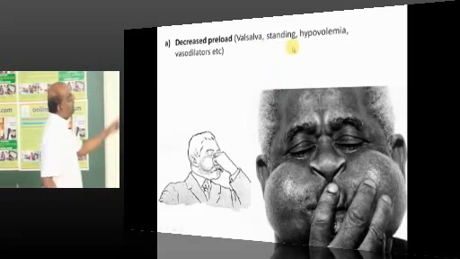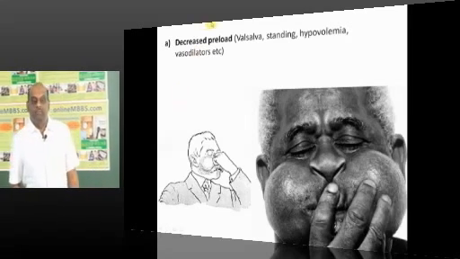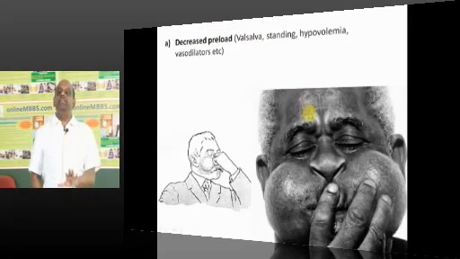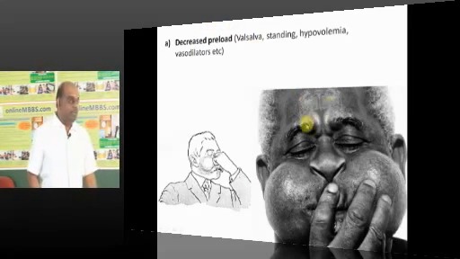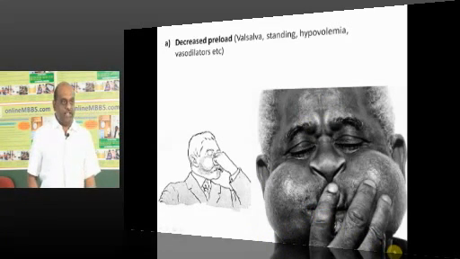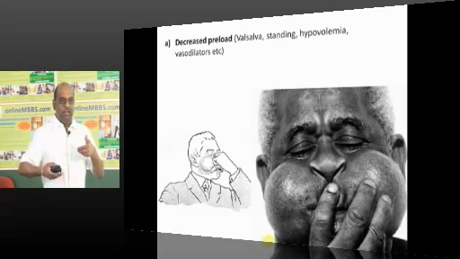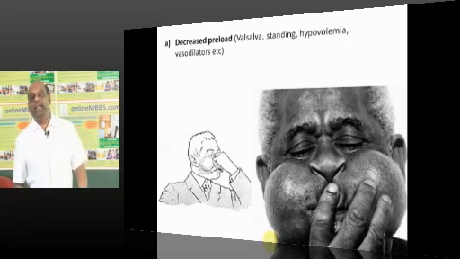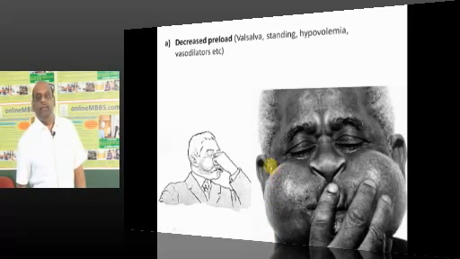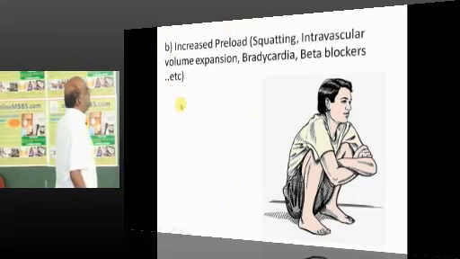Valsalva maneuver, standing, hypovolemia, or if you give a vasodilator, they all decrease the preload. You agree with me? Valsalva is against a closed glottis, you are doing forced expiration, which creates a positive pressure that will prevent the venous return, and hence there is a decreased preload. Right, doctor?